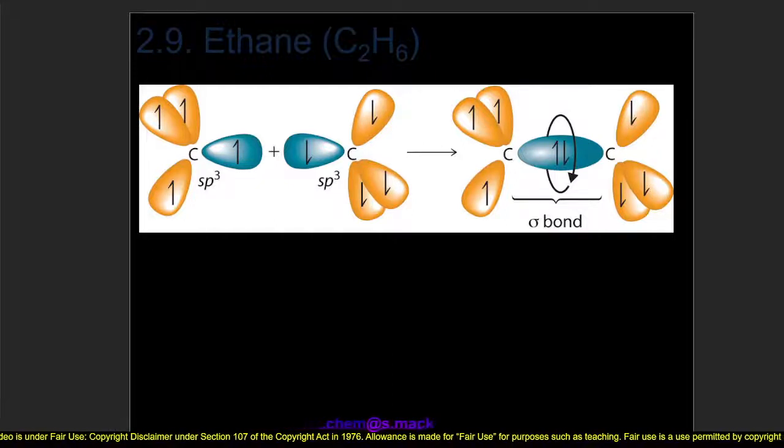So those are 3 sp3 hybrid orbitals. Where each carbon bonds with each other, that's also another sp3 hybrid orbital shown in blue. Where carbon's hybrid orbital overlaps with the s orbital of hydrogen, we get 3 sigma bonds. Where the sp3 hybrid orbital of each carbon overlaps with each other, we also get a sigma bond.